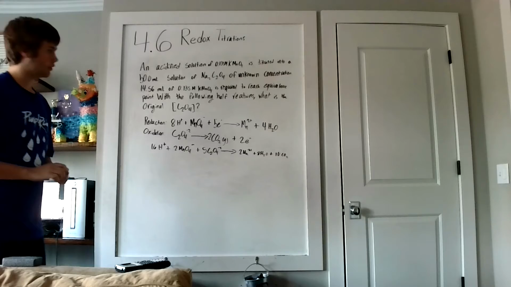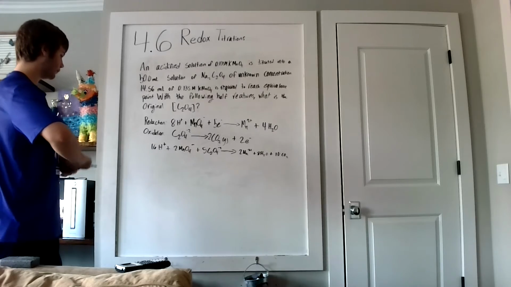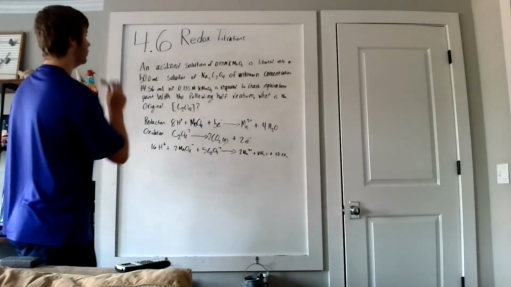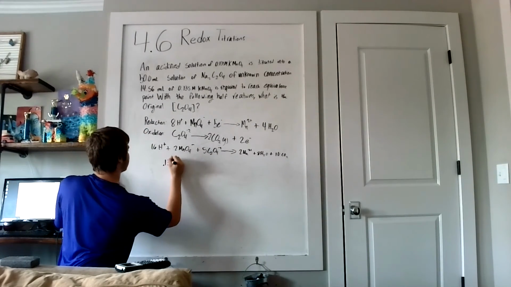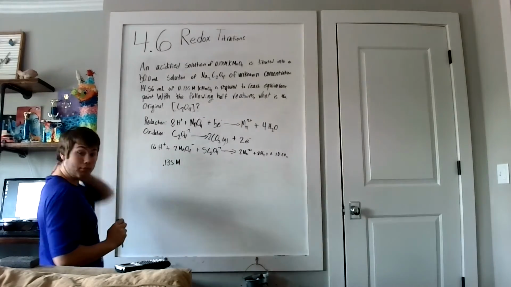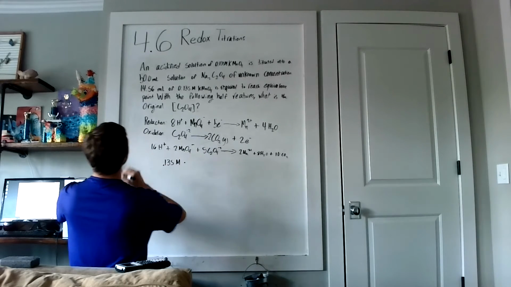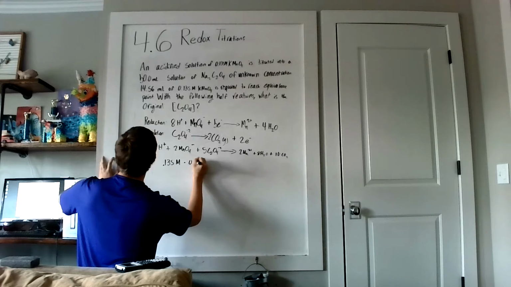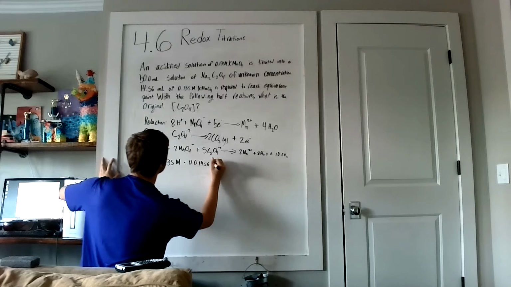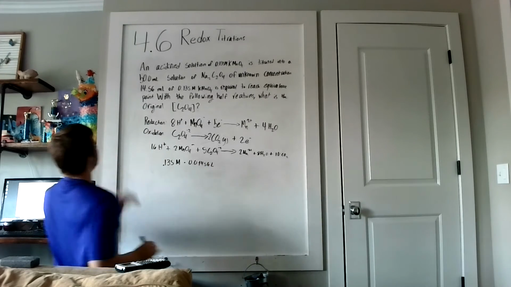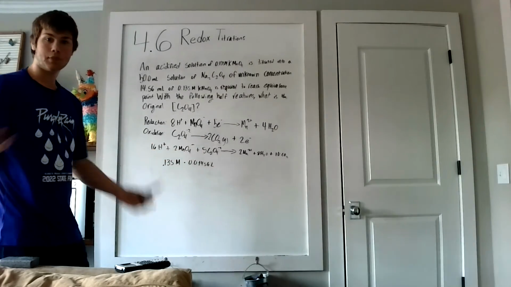Now that we have this, we can calculate the amount of moles of permanganate. So we have 0.135 molar of permanganate, and then we multiply this by 0.01456 liters of permanganate, because molar, remember, is moles over liters.